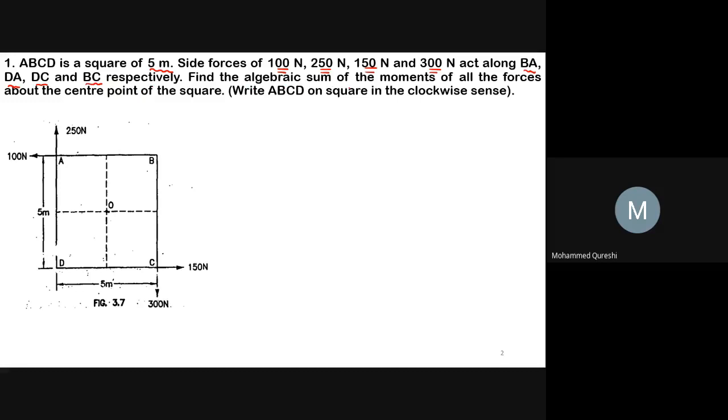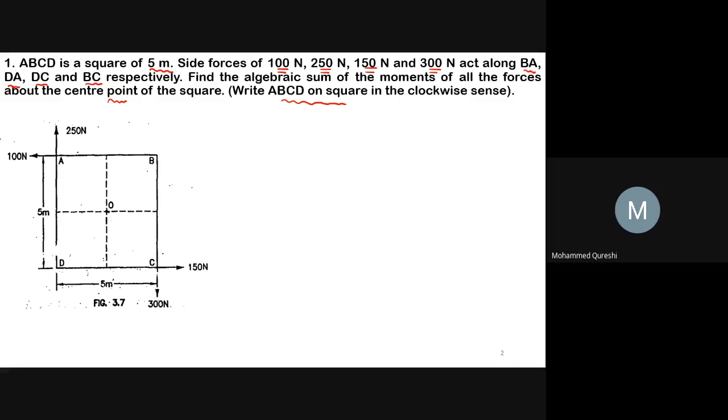Find the algebraic sum of moment of all the forces about the center point of the square. We have to find the moment of all the forces at the center point of square ABCD. And it is also given to write ABCD on the square in the clockwise sense.